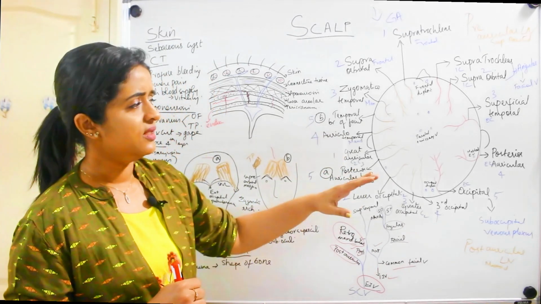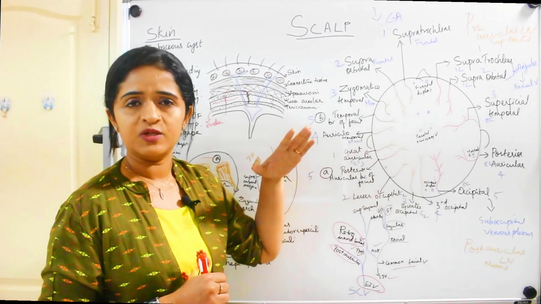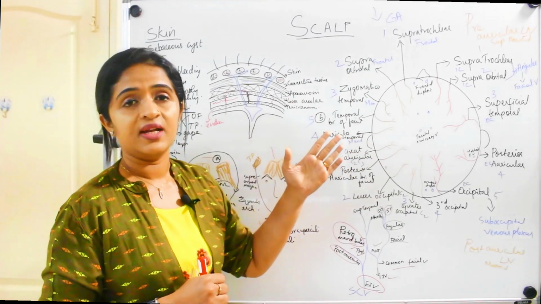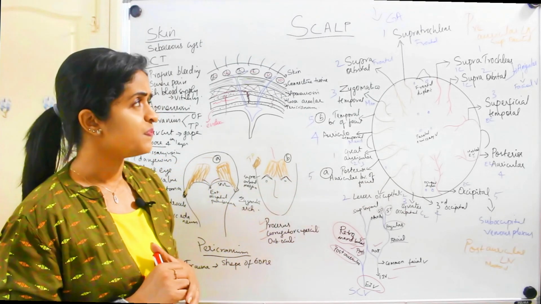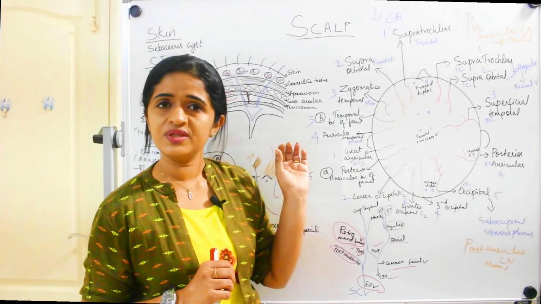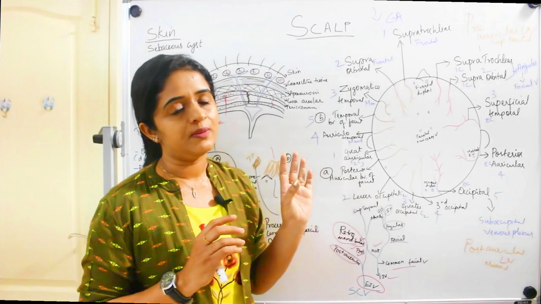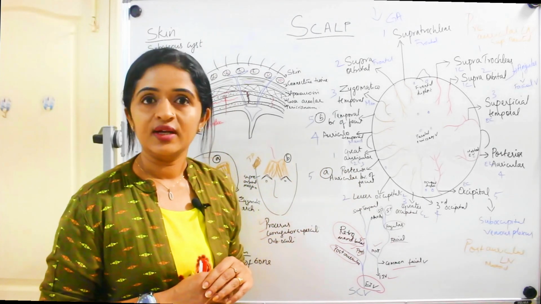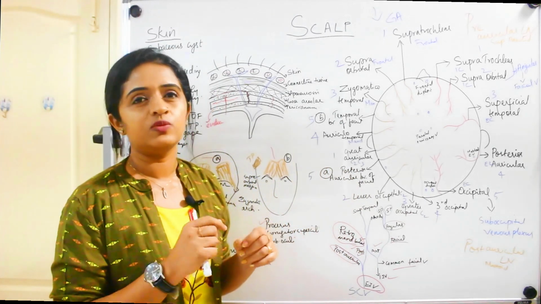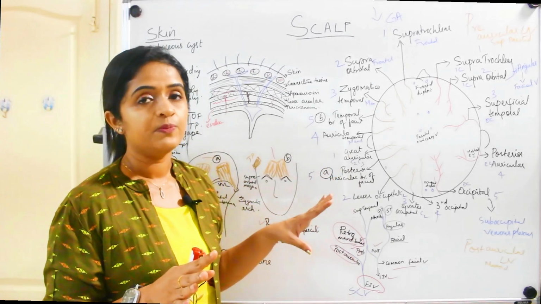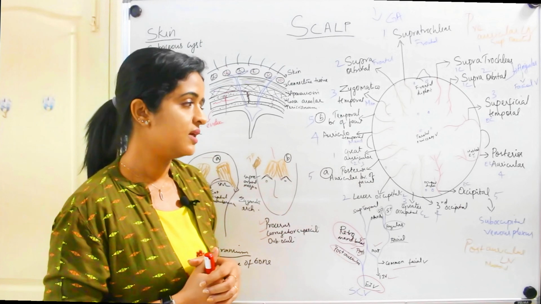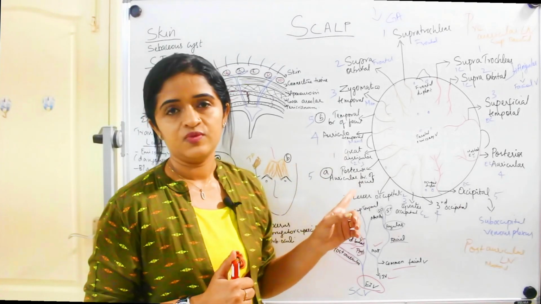So we can see that there is a great overlap between the dermatomes as well as the cranial nerve, the trigeminal nerve. So if you want to do a surgery in the scalp region, it is better to go for general anesthesia, because it's not easy to block a part of the scalp because of the great overlap of the network of nerves. That also you have to remember.